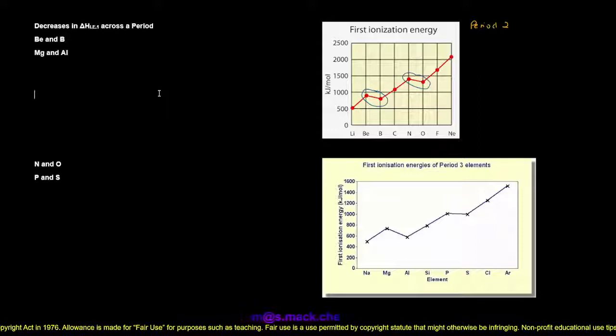In order for us to understand why there are decreases in this first ionization energy, we must understand that first ionization energy is the energy required to remove 1 mole of electrons from 1 mole of gaseous atoms to form 1 mole of gaseous ions with a single positive charge.